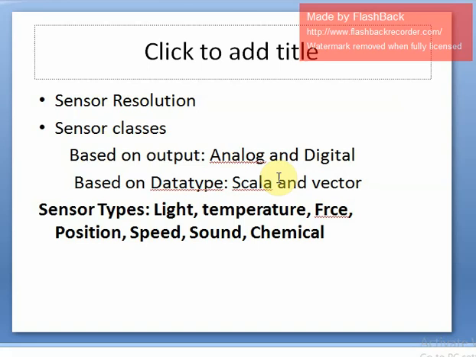And next one is force, which has strain gauges or pressure switches. For position, we have potentiometers, encoders, and optocouplers. With optocouplers, the optical rays are obstructed, and based on that, position information can be obtained.